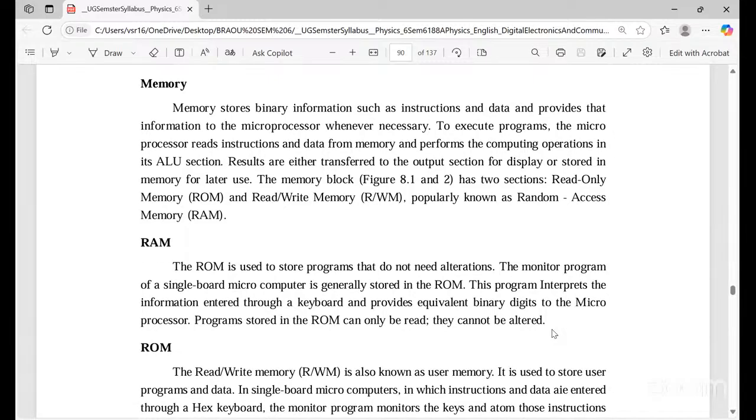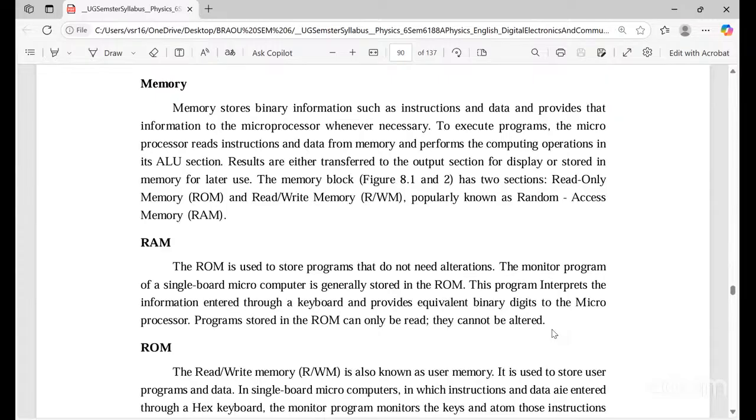Memory stores binary information, whatever data you are giving, like words, charts, pictures, numbers, whatever it may be. The computer itself converts it into zeros and ones. Then only the information can be stored inside the memory.